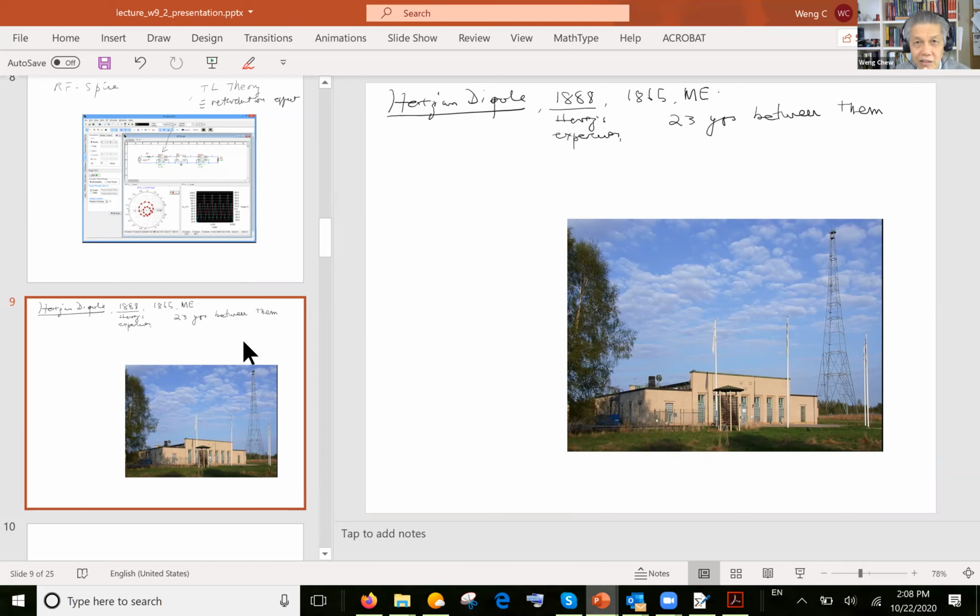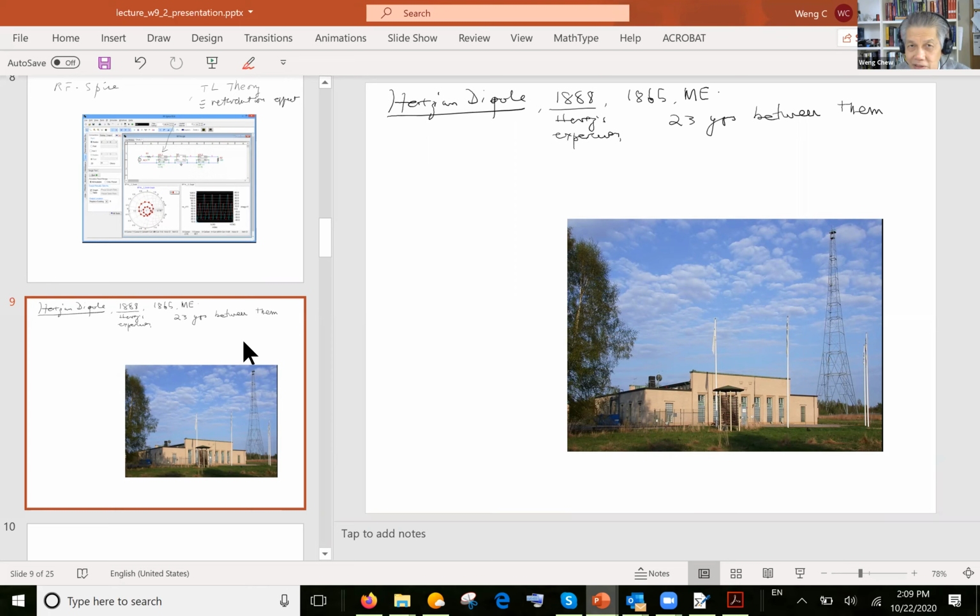So it looks like a long, long time before somebody understood Maxwell's equations and then tried to do something in the laboratory to prove that Maxwell's equations are correct. That is almost too long for us. Things are progressing so fast by leaps and bounds in the modern world. 23 years sounds like a long, long time.